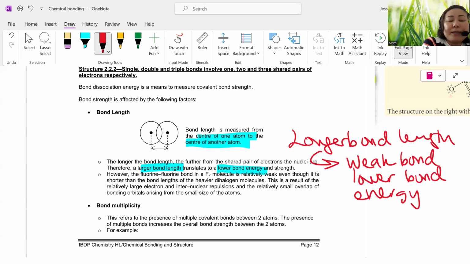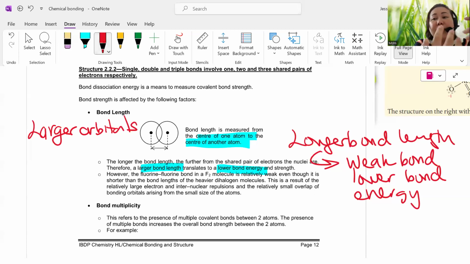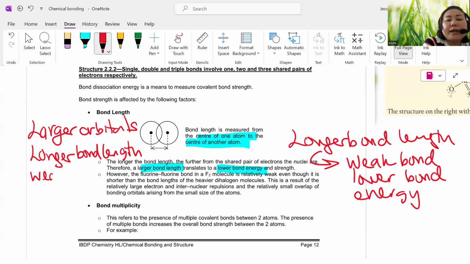Now, same for orbitals. So when we have larger orbitals, and when you have larger orbitals overlapping, they will usually give us longer bond length, and therefore, weaker bond energy.